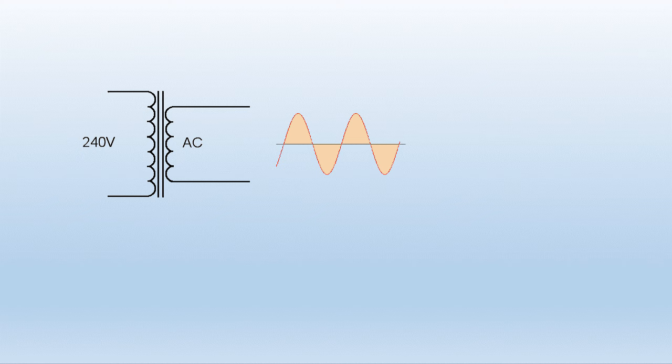And because it's alternating current, the voltage will swing above and below a zero point in the shape of a sine wave, reaching a maximum value, dropping back to zero, reversing to a maximum in the reverse direction, going back to zero, and so on in a cyclic manner.